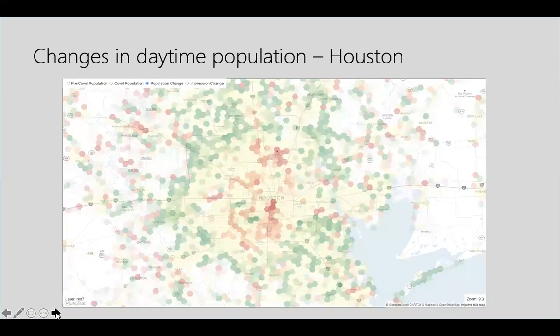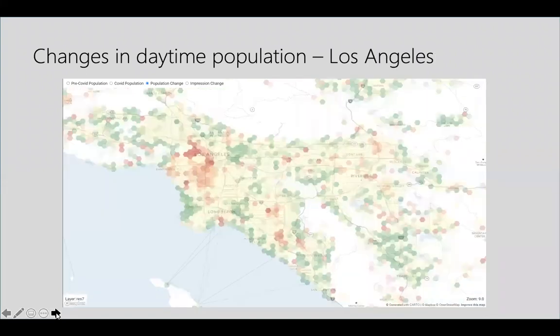Houston, similar pattern, seeing some of the downtown areas, big decreases, airports, big decreases of activity in those areas versus pre-COVID levels. Same with Los Angeles, downtown, Hollywood, but in some of the more residential neighborhoods, an increase in activity where people are spending their time.